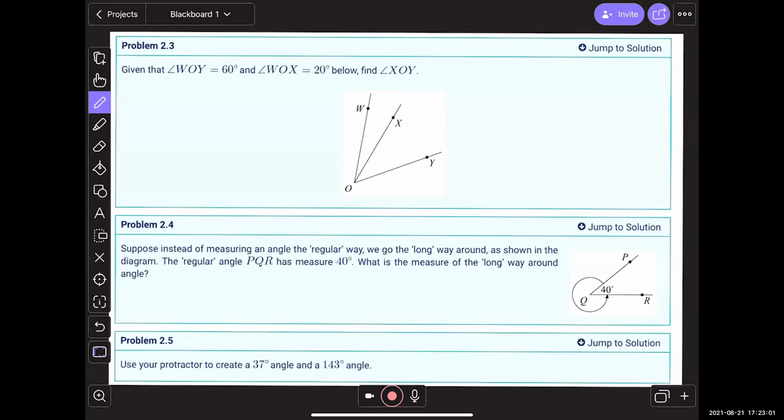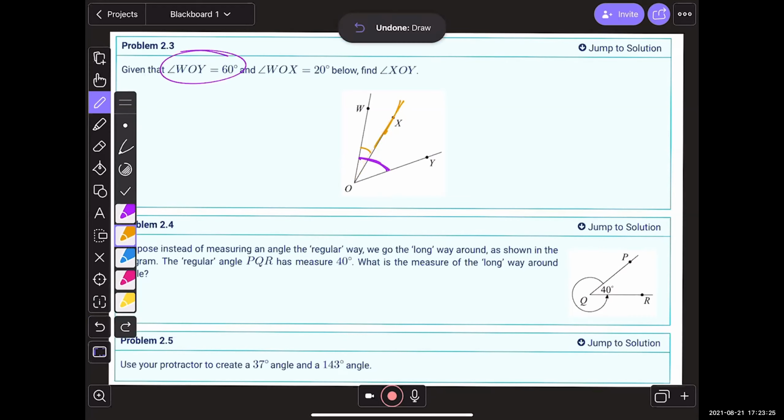60 minus 20, right? So what we see here is that WOY refers to this bigger angle here, right? That's the 60. And WOX refers to this angle here. Now what we can see is that WOX and XOY are two angles that share what we call this ray. The rays that make up an angle are what we call sides. So they share a side here in OX.